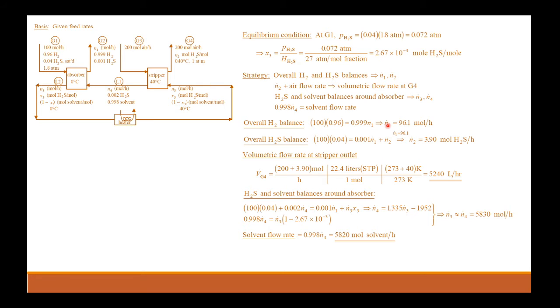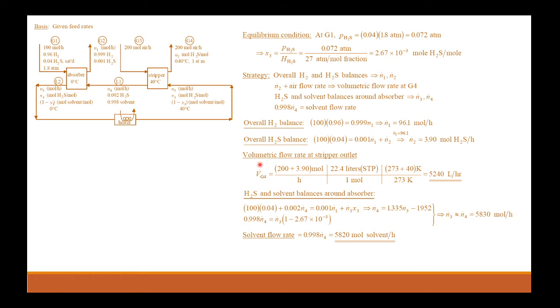Now we already found N1 from the overall H2 balance, so that leaves us with N2, the number of moles of H2S coming out from G4, which is 3.9 mole per hour.